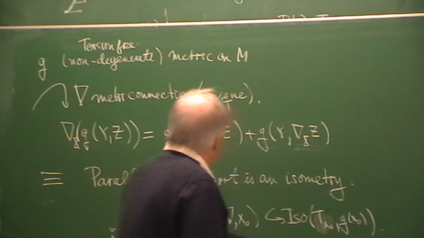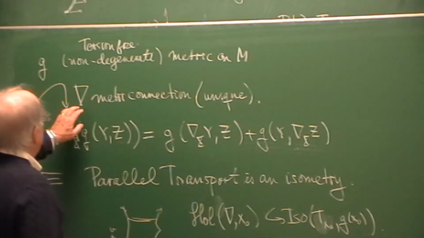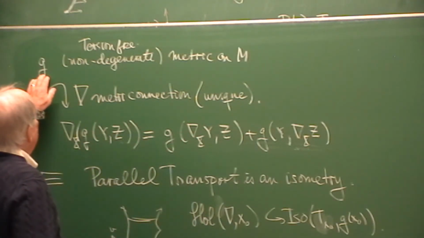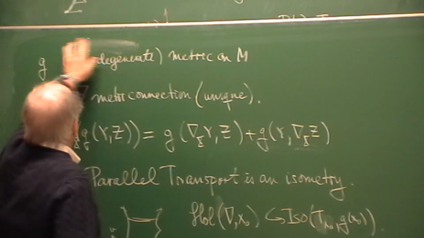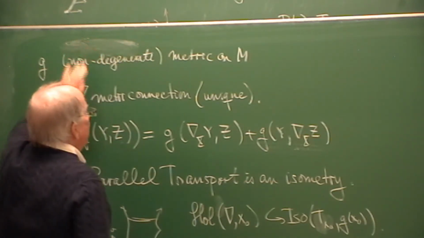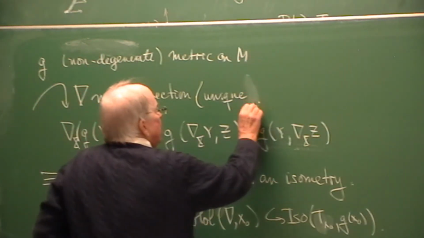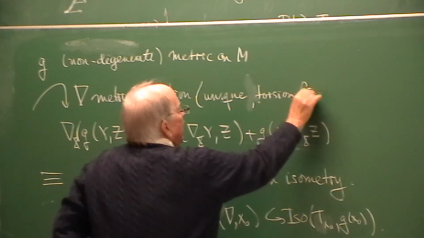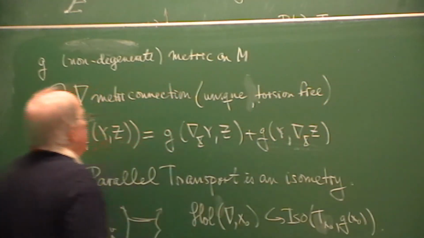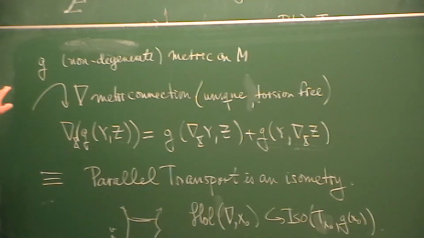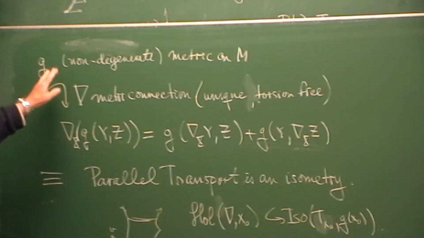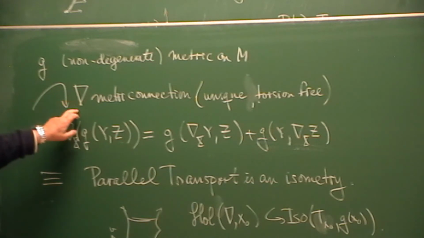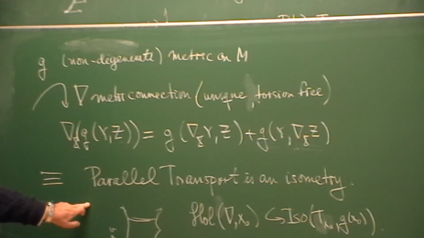This is really great. Given a metric, let me put the word torsion-free. There's a unique one. Given a metric, non-degenerate, could be pseudo-Riemannian, there's a unique torsion-free connection associated to it.